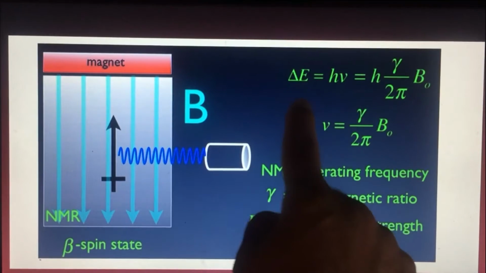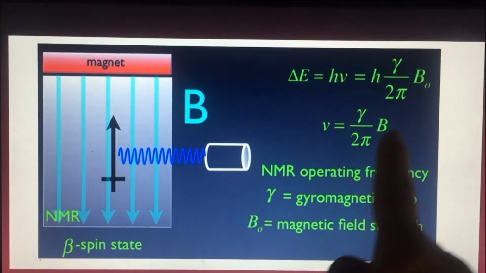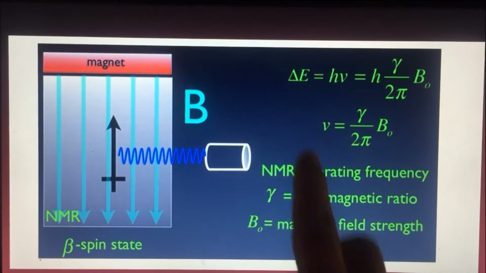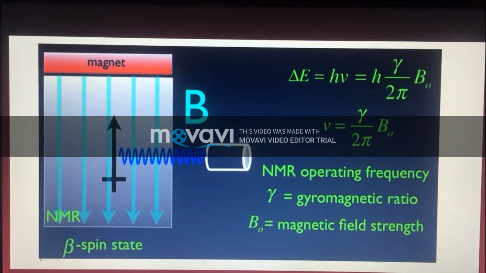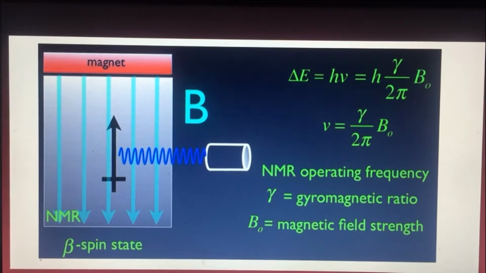this is the equation from where we can calculate the energy. Delta E is equal to h nu, where nu equals gamma by 2 pi B naught. Nu is said to be the NMR operating frequency, and gamma is the gyromagnetic ratio.